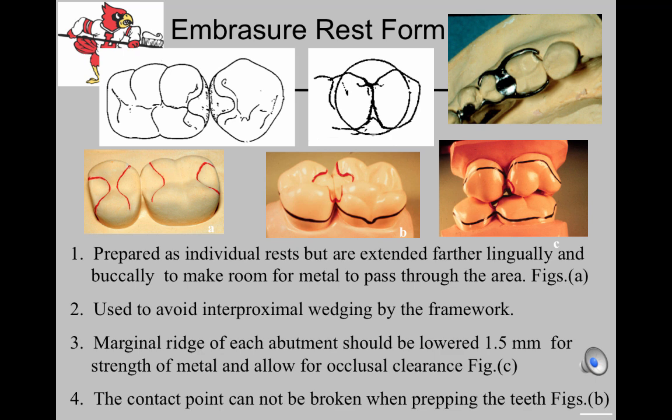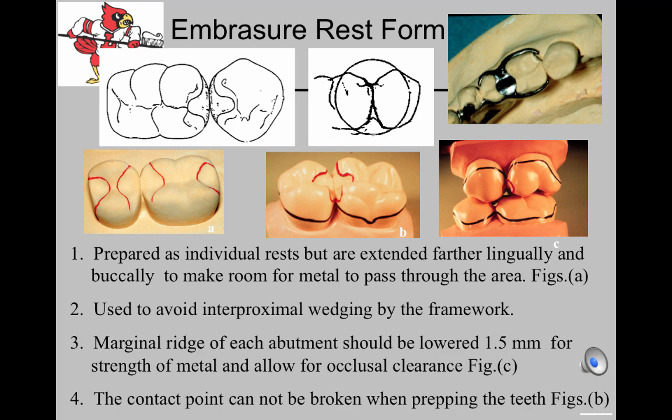Think about it, if we only had one rest there, and the patient functions and that tooth depressed but the other one did not, it would feel like there's something wedging between the two teeth. If we place a double rest there, then when the patient functions, both teeth depress at the same time and eliminates that feeling of wedging the teeth apart.